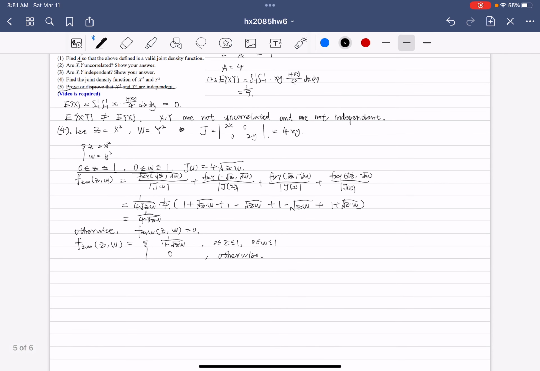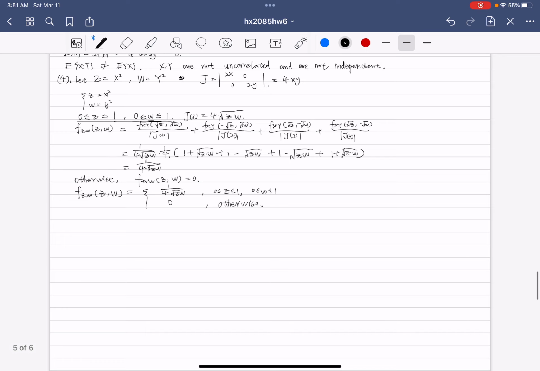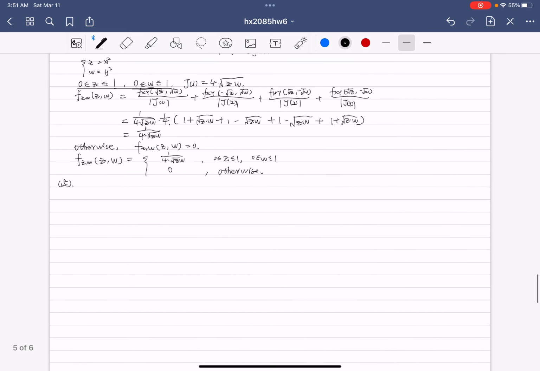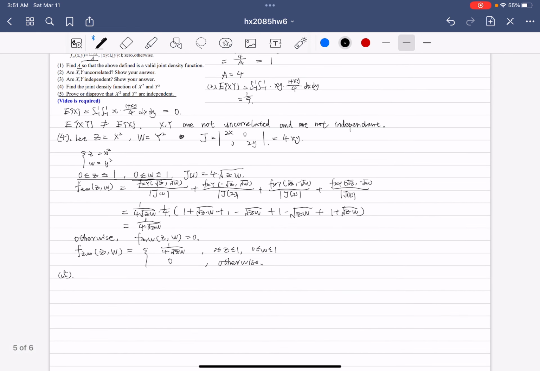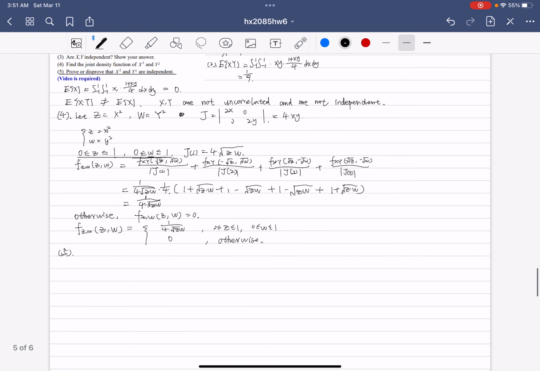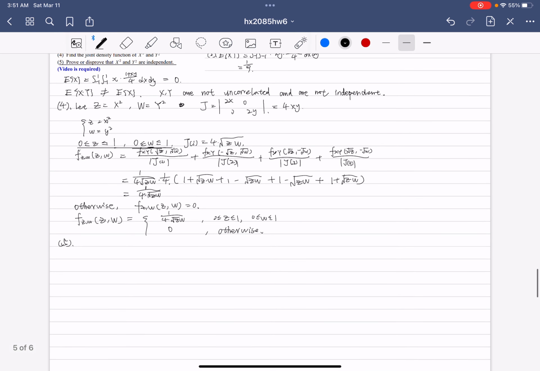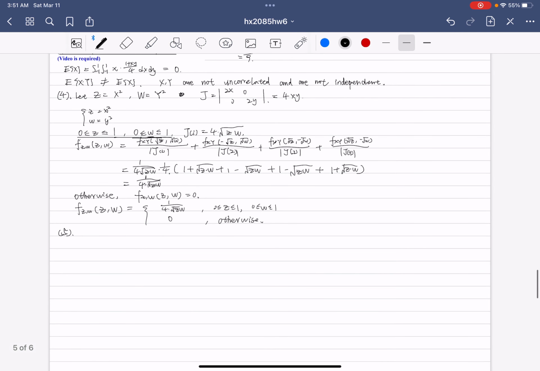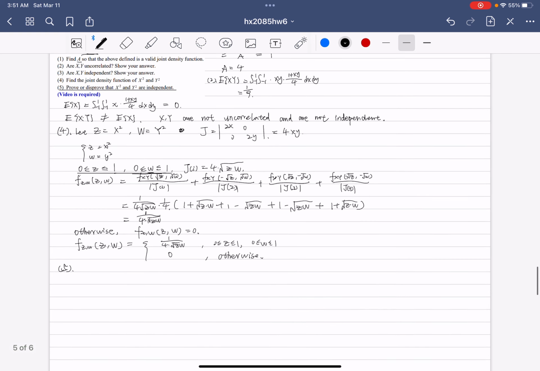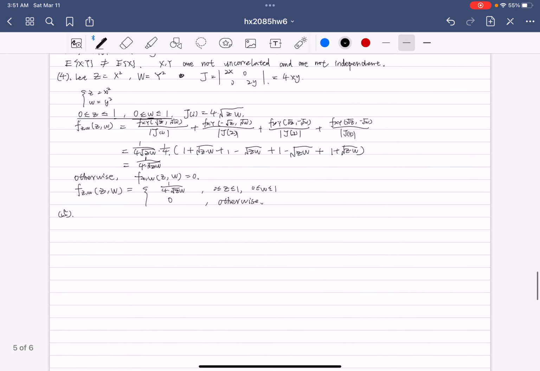The last part, we need to prove or disprove that x squared and y squared are independent. To prove or disprove whether x squared and y squared are independent or not, we need to calculate the density function of x squared and the density function of y squared. We already calculated the joint density function of x squared and y squared.